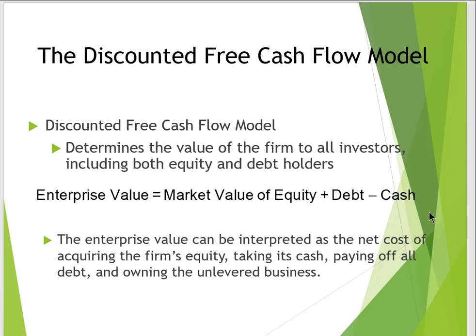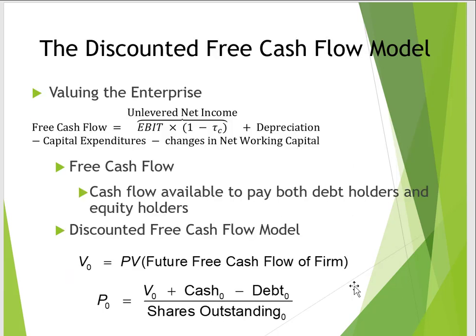So in the end, the enterprise value represents the unlevered value of the business once you have completed this transaction. So you buy all the stock, take the cash of the company and you also pay off all the debt of the company. This would create this unlevered value of the company.